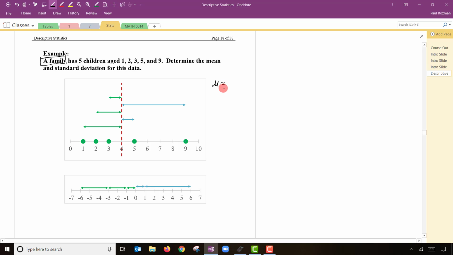So if I'm calculating the mean of the kid ages, I'm just going to add up all their ages and divide by however many children there are. So it's 1 plus 2 plus 3 plus 5 plus 9. Wow, can you imagine having a 1, 2, and 3-year-old? So many diapers.